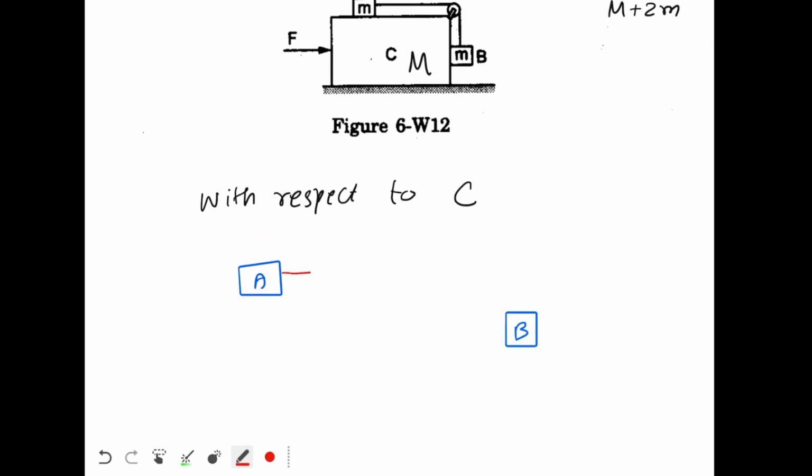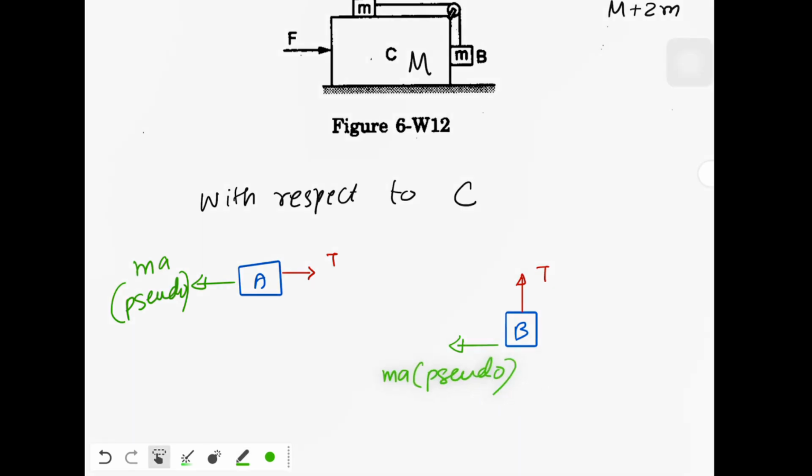First of all, we have tension on the two blocks like this. Okay. Then we have pseudo force, ma. This is pseudo. Okay. Here also we have ma. This is pseudo. Okay. Then let me just take it to the side.